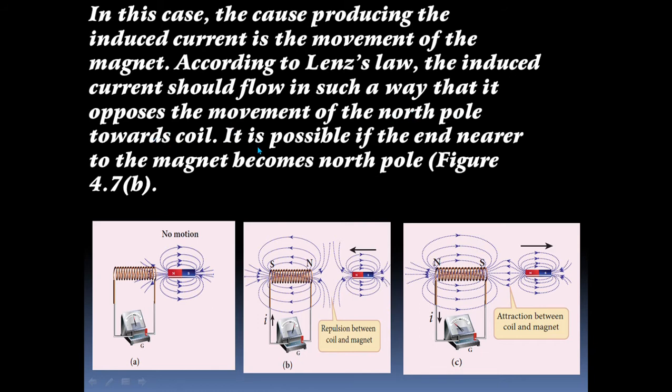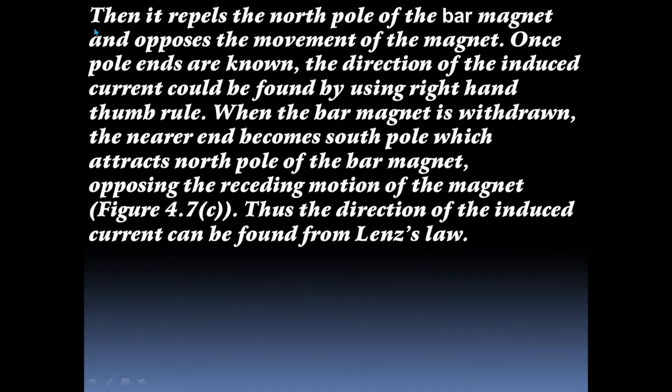It is possible if the end near the magnet becomes a north pole. Then it repels the north pole of the bar magnet and opposes the movement of the magnet.